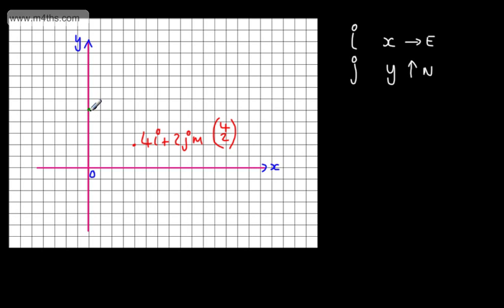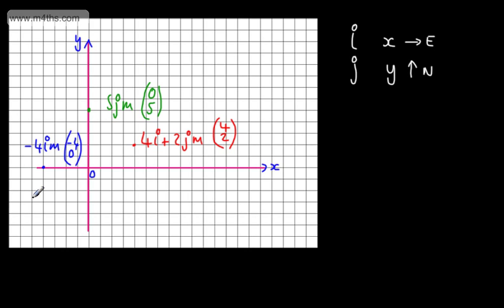Let's look at this point right here. This point is going to be on the y-axis, so we have 0I and we've got 5J. So we'd simply write this as 5J meters, or in column form we would have 0, 5. If I chose one over here now, this is on the negative x-axis, so we could say this is negative 4I meters, or as a column vector, negative 4, 0 meters.